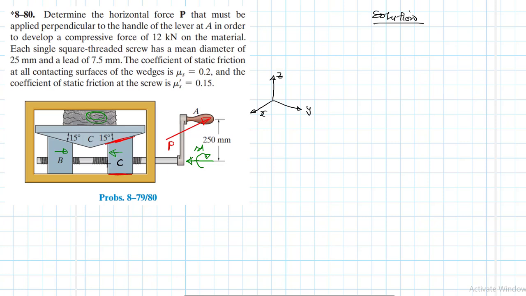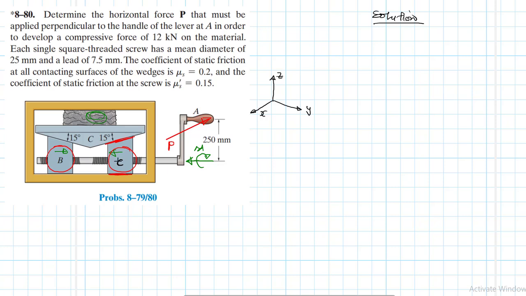So this is a nut, you know what a nut is, and then you have a threaded board that is going through. So there is going to be friction between this nut and this threaded board. The same thing with this nut at B: it also is going to experience friction between this threaded board and the nut.